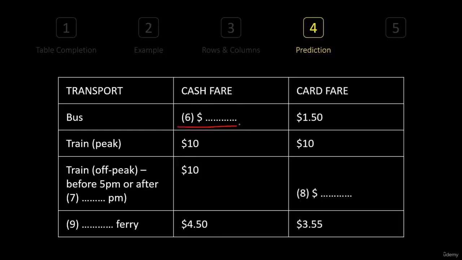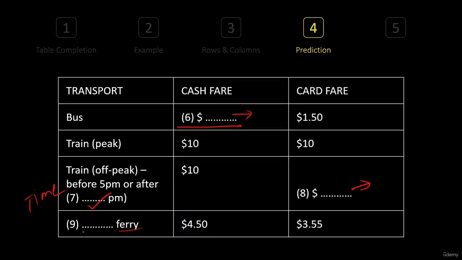So the sixth one must be a number because they have mentioned the dollar sign, right? The seventh one must be a time. You can predict it. The eighth one must also be money, I mean some number. And the ninth one, a kind of ferry. A ferry is a kind of boat which is used to transport people from one point to another in water, in sea or river.